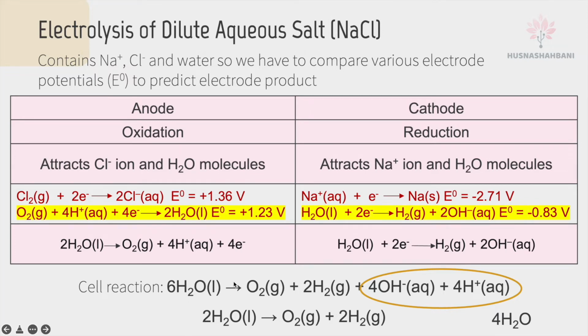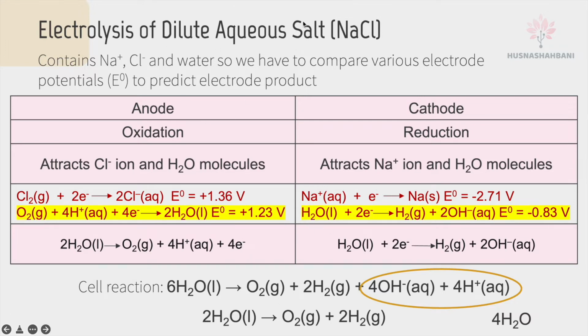Cancel out here 4, cancel out here 4. You will have another 2 water producing oxygen and hydrogen. This is the final overall equation for electrolysis of dilute aqueous salt using NaCl.